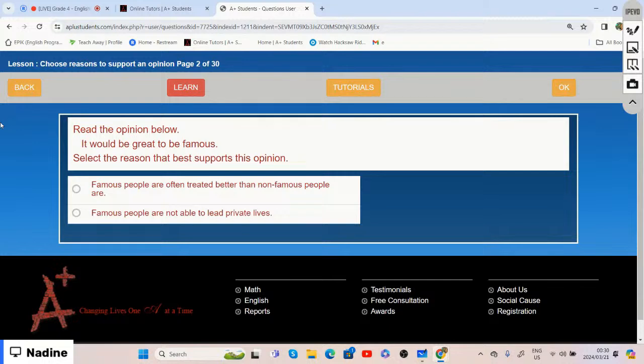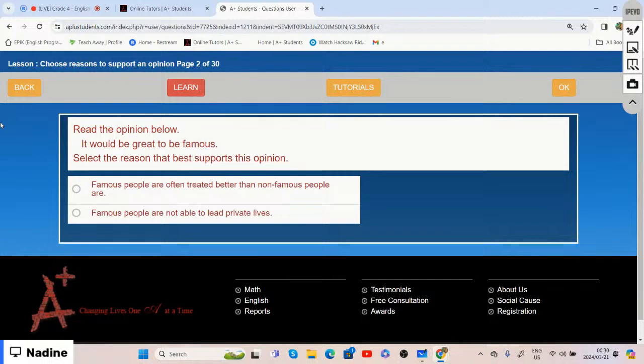The next opinion says, it would be great to be famous. What do you think is the reason why someone is saying that? It would be great to be famous. Is it because famous people are often treated better than non-famous people are?